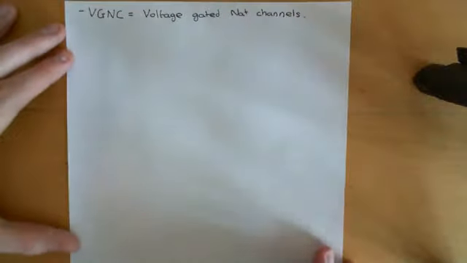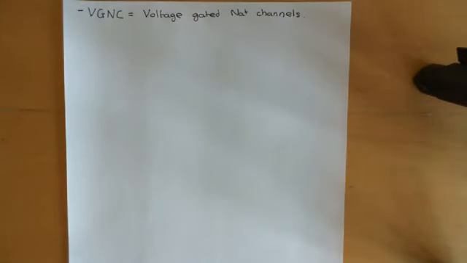Let me show you then the structure of the pore-forming unit of voltage-gated sodium channels. I should just note that I have shown you the core structures of all of these channels that we have looked at. I have not shown you auxiliary subunits.